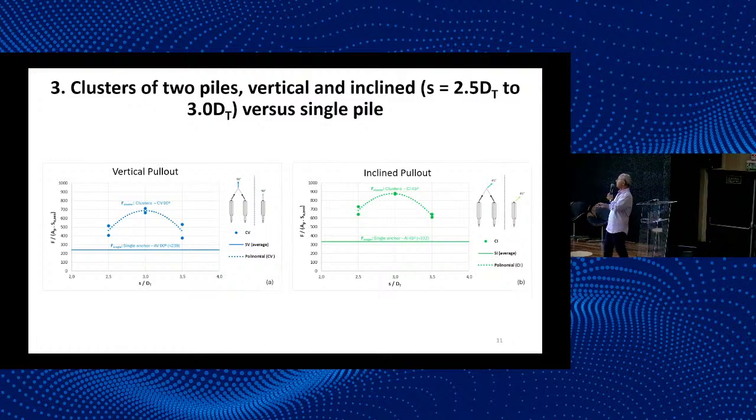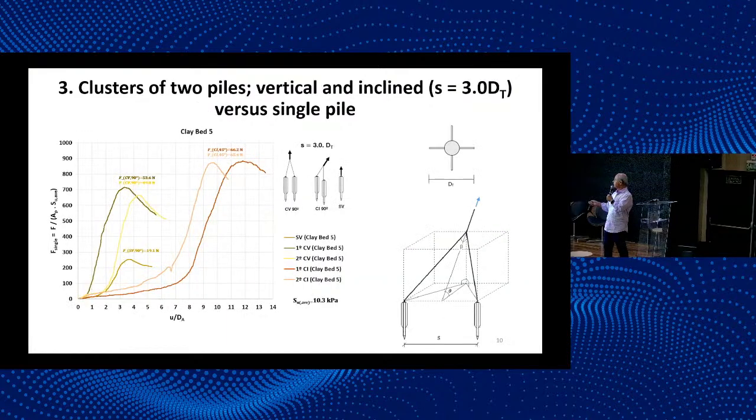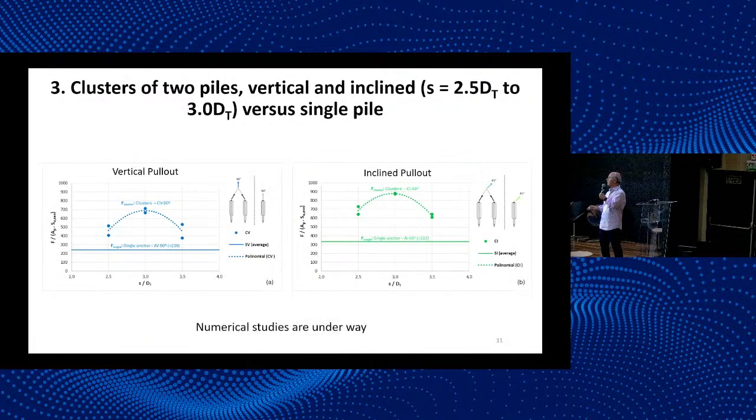I'm talking about times dt. dt, if I come back, dt is the overall diameter with fins. Okay? So, let's go. Numerical studies are underway with LaSalle, by the way.